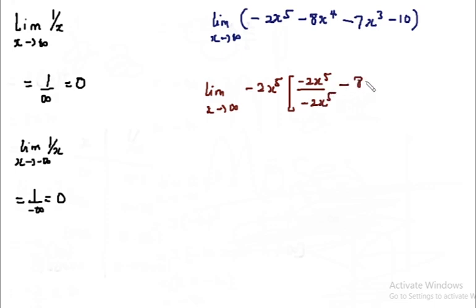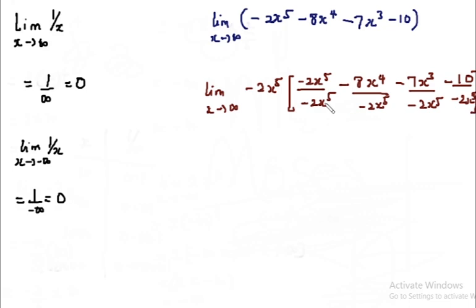You have minus 8x to the power of 4 over minus 2x to the power of 5. You have minus 7x to the power of 3 over minus 2x to the power of 5. You have minus 10 over minus 2x to the power of 5.